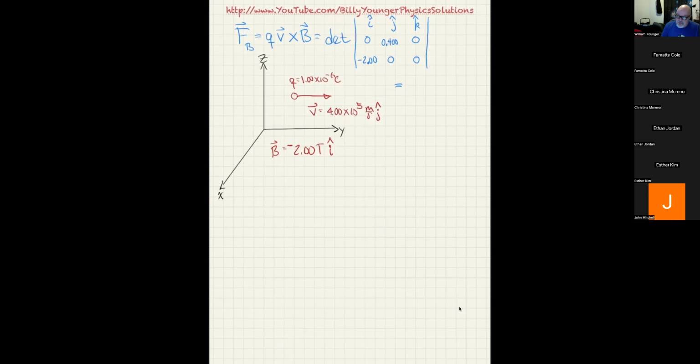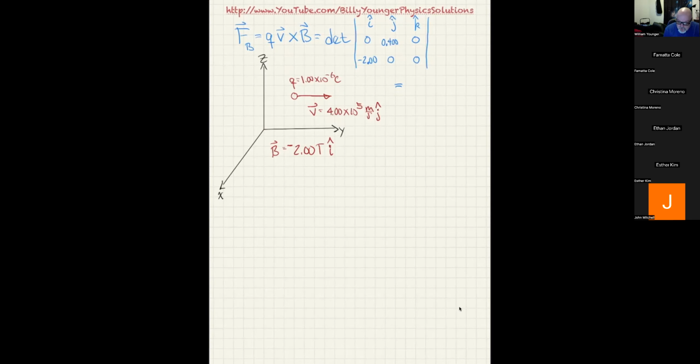Whereas J is in the first row, but the second column. So that one would require a negative. And K is in the first row in the third column. That would make -1 parentheses to the third power. That's going to make a positive, so I don't have to do that weird thing. So the way I account for that weird negative is I just reverse the direction that I do multiplication. So you'll see as I go what I mean by that.